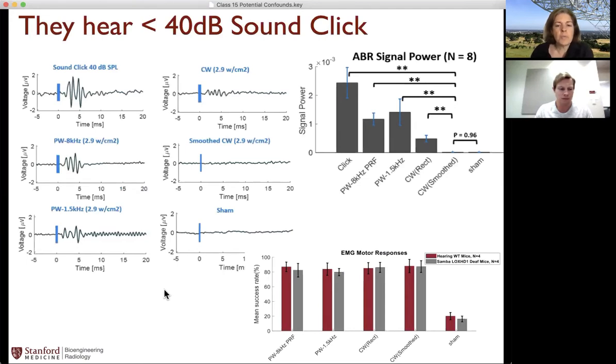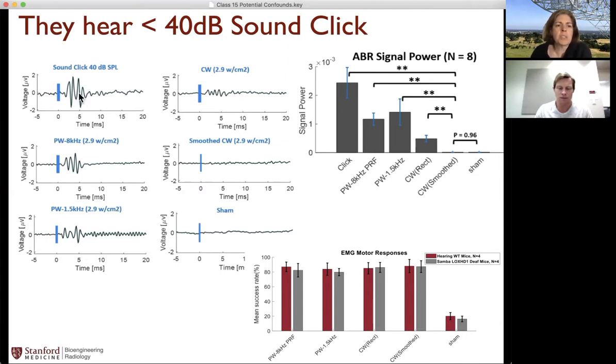Okay, so just one step further now. So this is now sort of what are they hearing? And so this is a sound click at 40 dB SPL and sort of the amount of the ABR signal. These are the 2 different pulsed waveforms, the CW waveform that we'd always used up to that point. And what you can see is that the amplitude of the ABR response was much smaller than that 40 dB sound click.